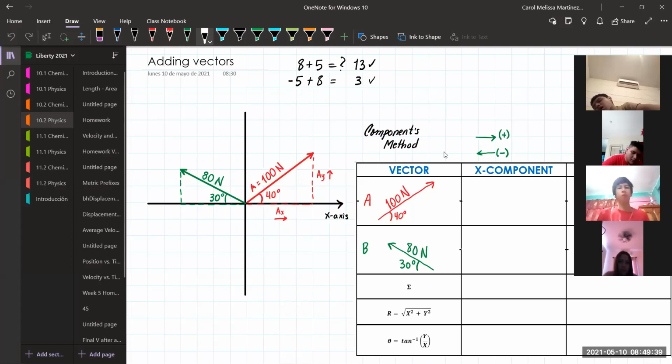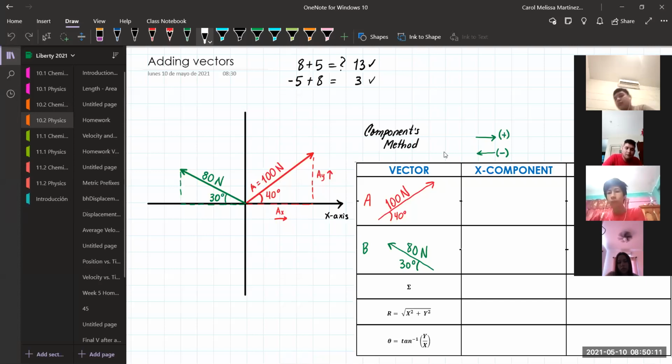If I draw the components of each vector, you will notice that what I have here is a right triangle, and that what I have over there is also a right triangle. If I have right triangles, it means that I can use the Pythagorean theorem. That's why I taught you the other topic before I can go into this.